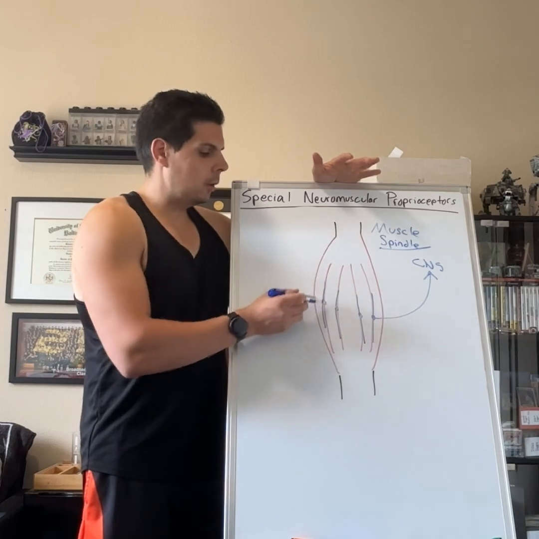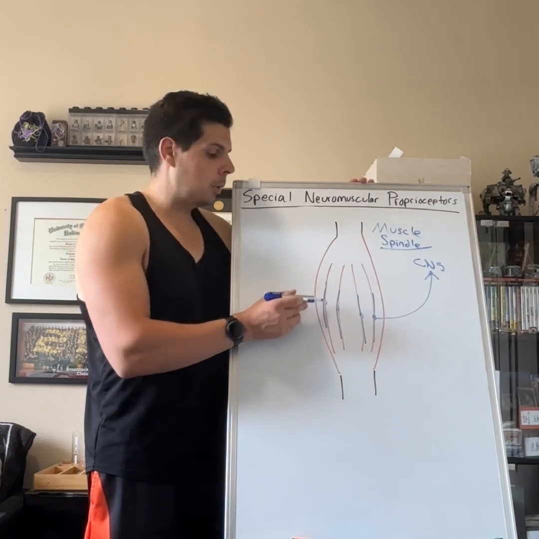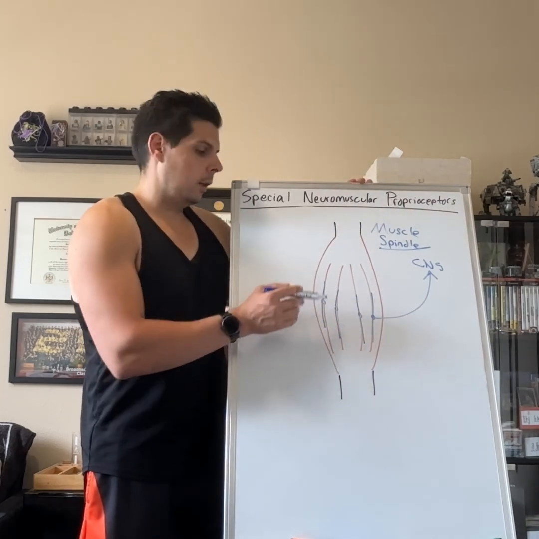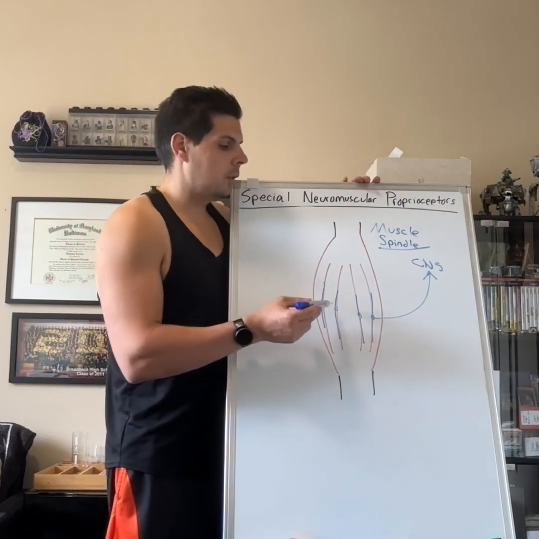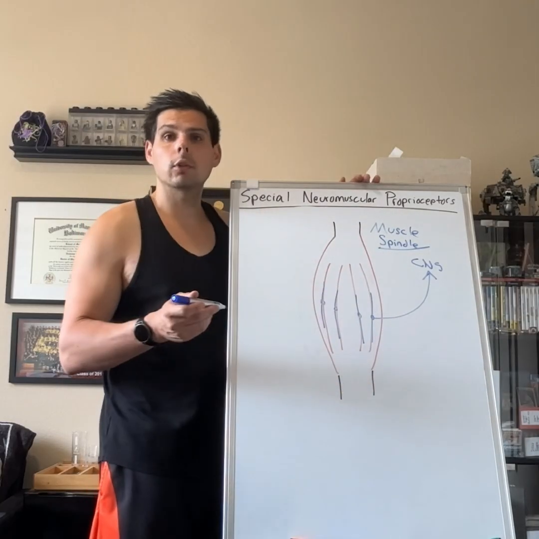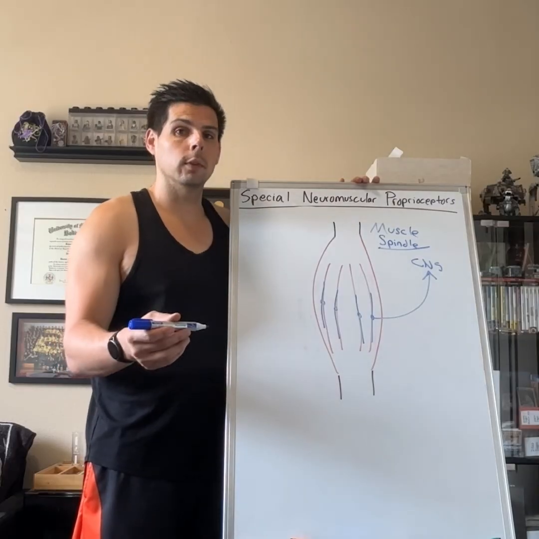Now, the muscle spindle is the intrafusal fiber plus the capsular structure that runs parallel to the extrafusal fibers of the muscle, and these send that stretch rate and stretch amount information to the central nervous system.